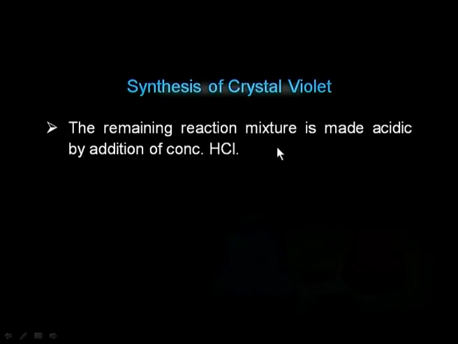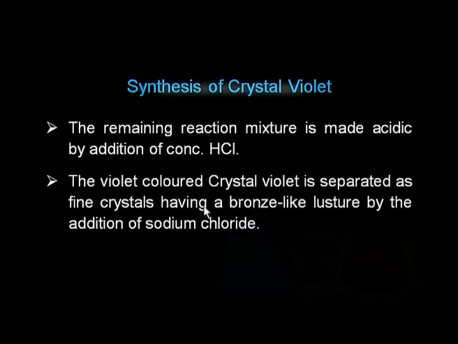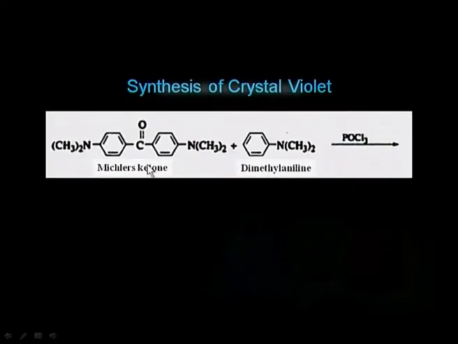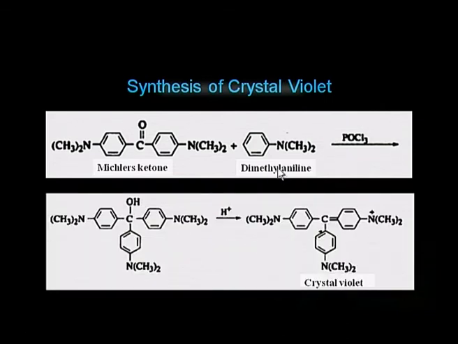The remaining reaction mixture is made acidic by the addition of hydrochloric acid, and the violet colored crystal violet is separated as fine crystals having bronze like cluster by the addition of sodium chloride. Here it is Michler's ketone reacting with N,N-dimethyl aniline in presence of phosphorus oxychloride to form this crystal violet.